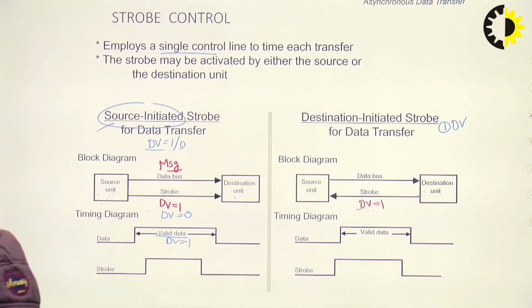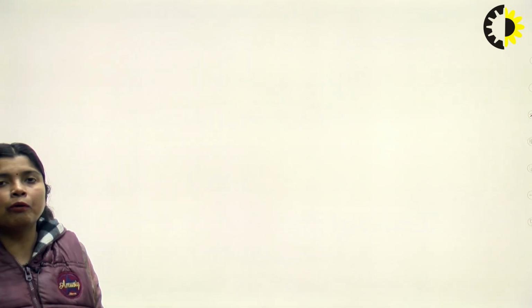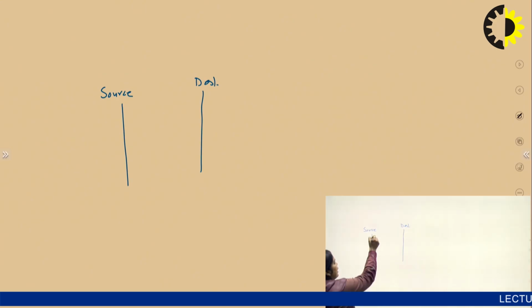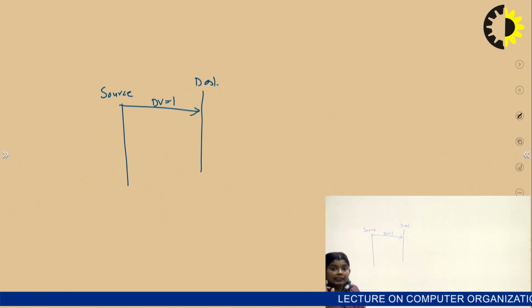And in the timing diagram you can see that valid data means nothing but dv equal to 1. Now, the main problem in the Strobe control: suppose there is a source and a destination, and I am transferring the data with dv equal to 1. That dv equal to 1 signal doesn't carry any message.